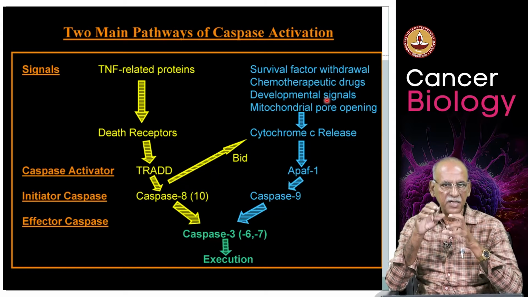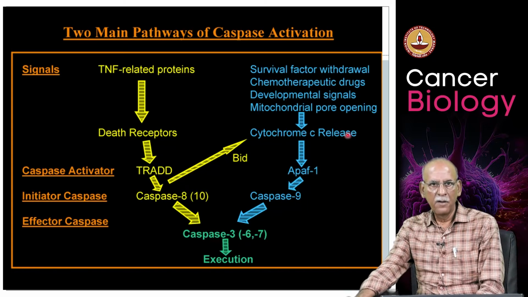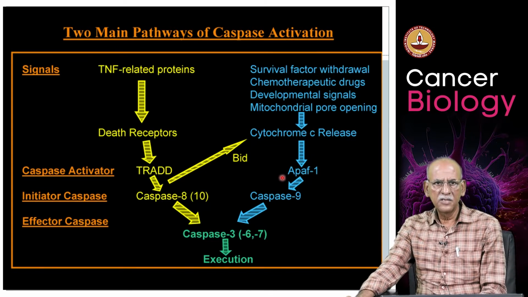So, cytochrome C is released, and that combines with another molecule called apoptosis protease activating factor 1, APAF1. It forms what is called the apoptosome complex together with caspase 9.